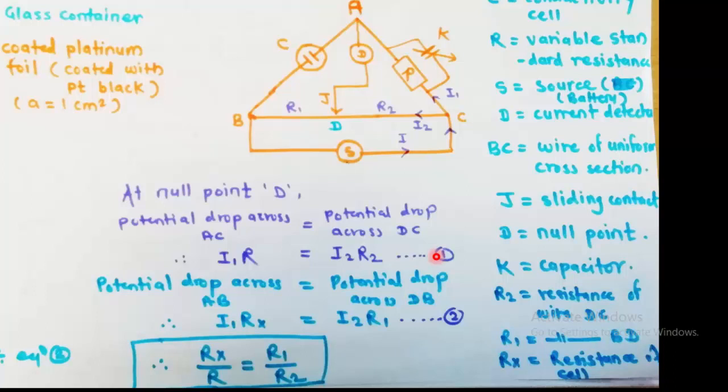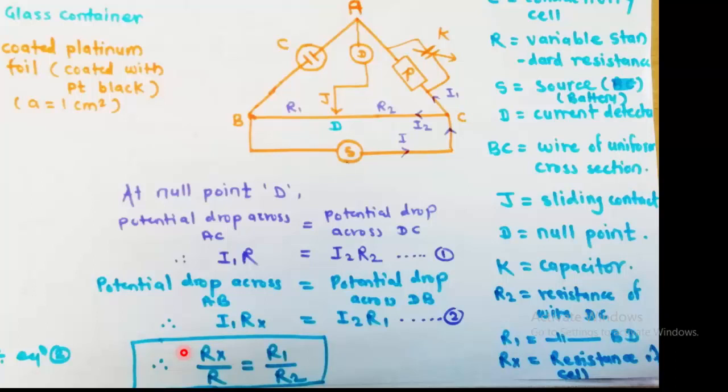Now divide equation 1 by equation 2, then we get Rx upon R is equal to R1 upon R2. So when we know the value of R, the standard resistance, R1, the potential drop across BD, and R2, the potential drop across DC, we can determine the unknown resistance of our ionic solution.